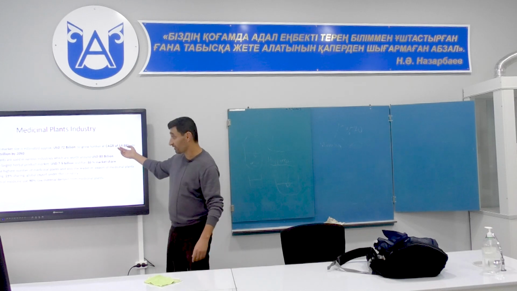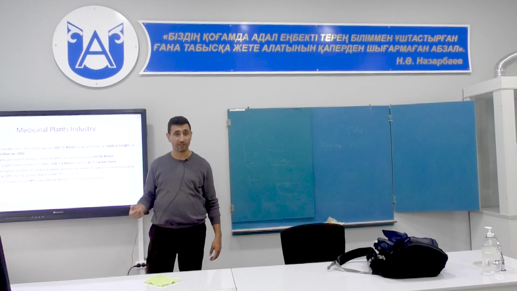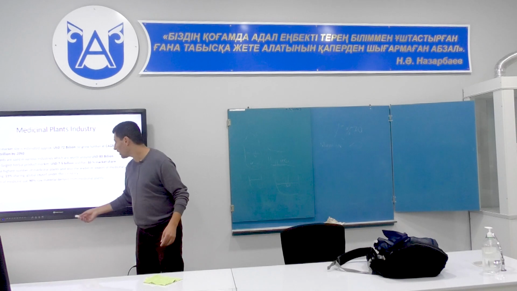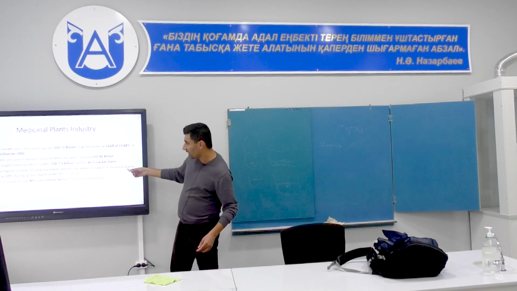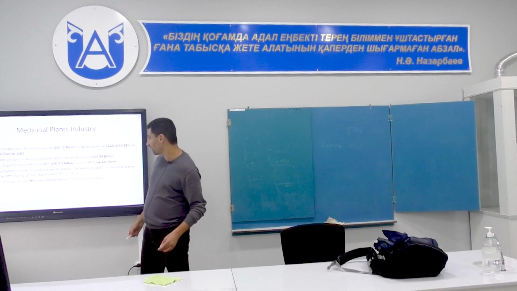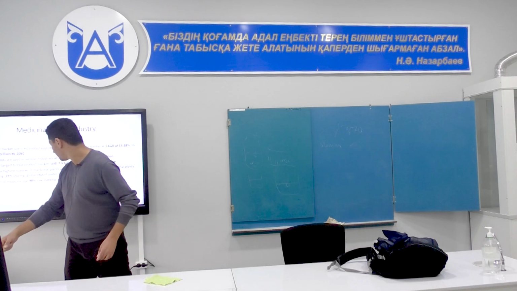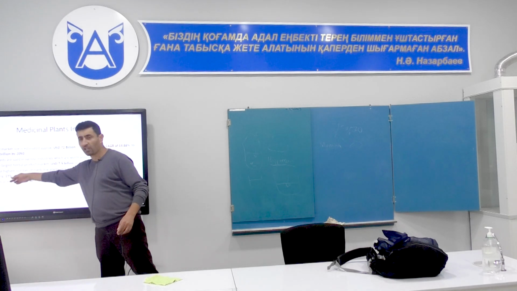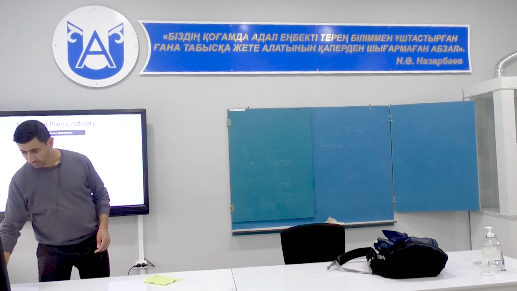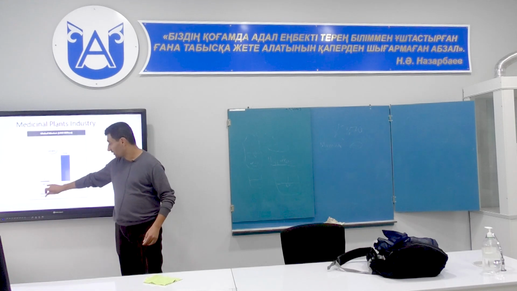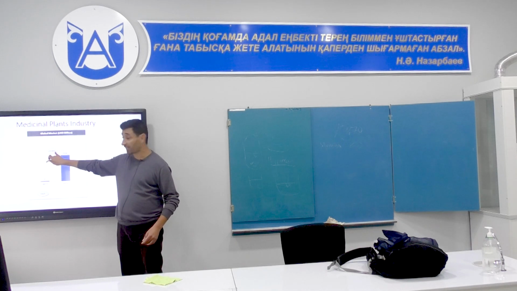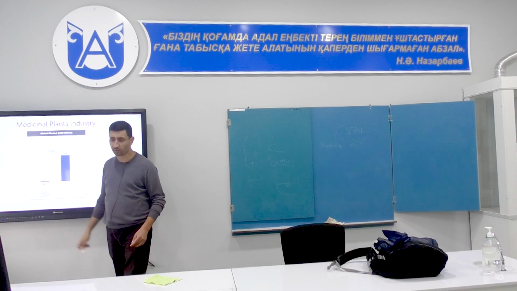Especially in Kazakhstan, you have big lands and fertile soils. Therefore, it's a good choice. Okay, we said about $7 trillion. Of course, China controls about 15% of this market. Look, between 2017 and 2050, the market of medicinal plants will grow about 15% yearly.